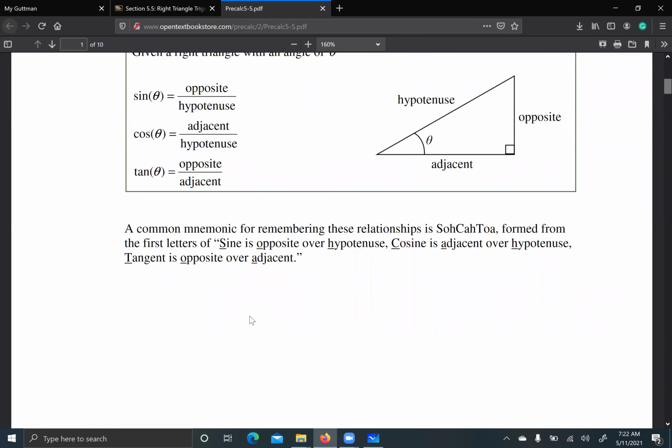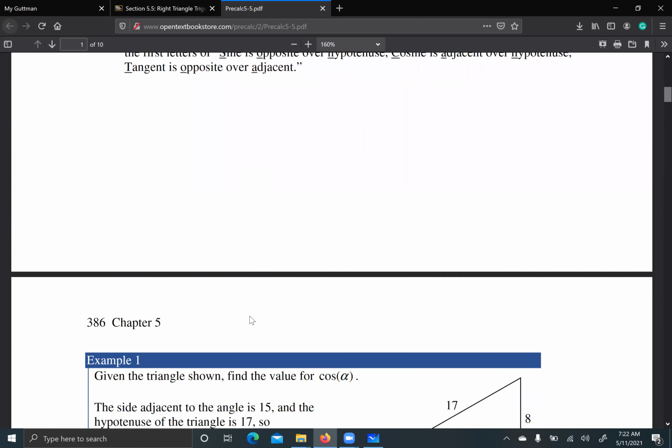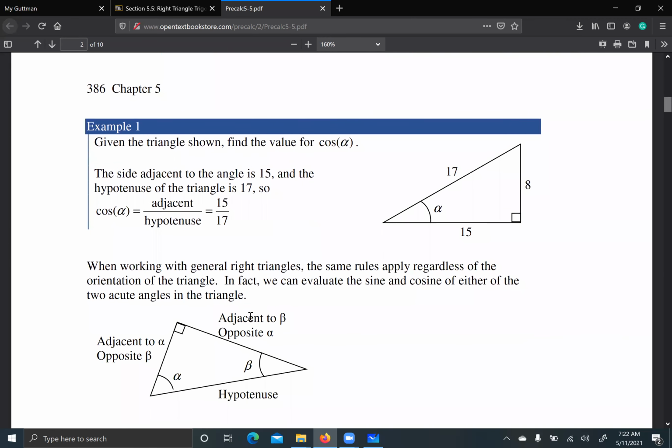So in this section, we are no longer working with a circle. Instead, we have just a right triangle, and we still want to do trigonometry. Maybe I'll do this problem. This is example 1.